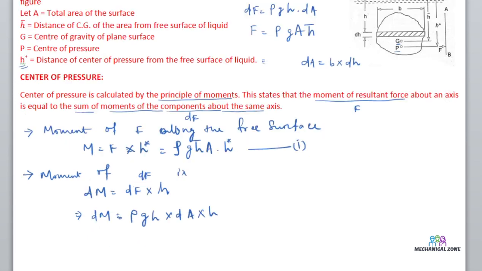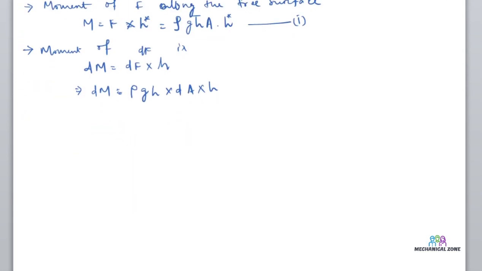So we are using this expression. You need to watch that video, because both things are interconnected with each other. So our dM becomes rho g h square into dA. This is the value of moment for the small strip.